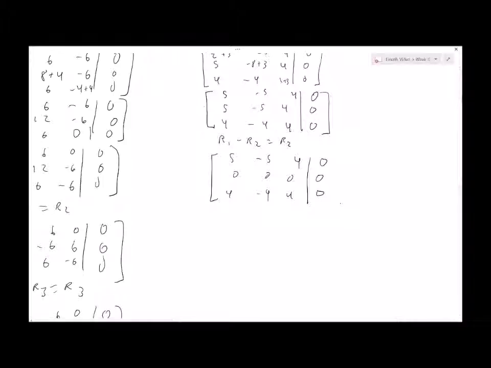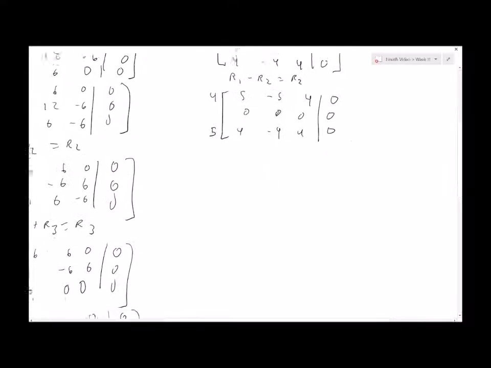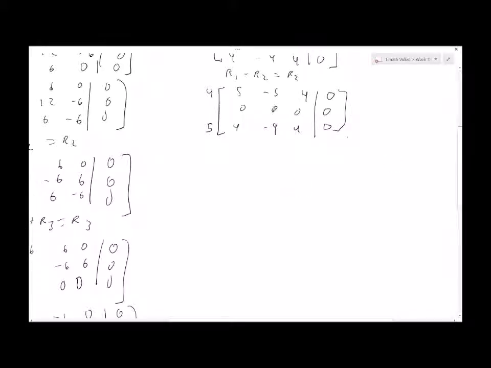Now we want to make this guy 0. So the next thing we're going to do is multiply this row by 4 and this one by 5, just so I don't have fractions. It makes my life easier. That'll give us 20, negative 20, 16, 0; 0, 0, 0, 0; and then 20, negative 20, 20. Now we can do row 1 minus row 3 equals row 3.